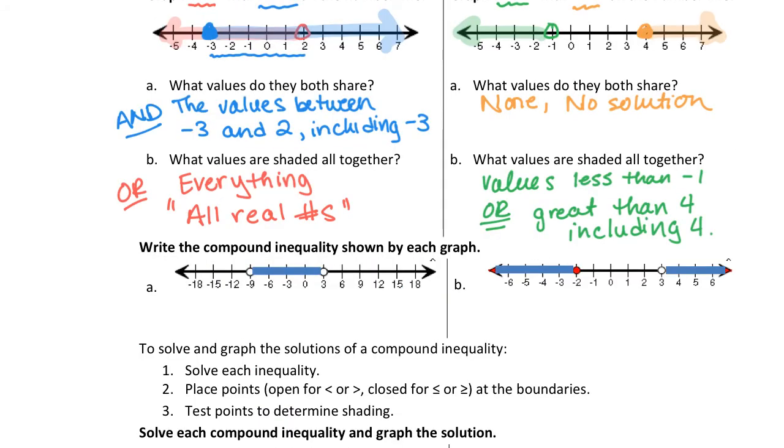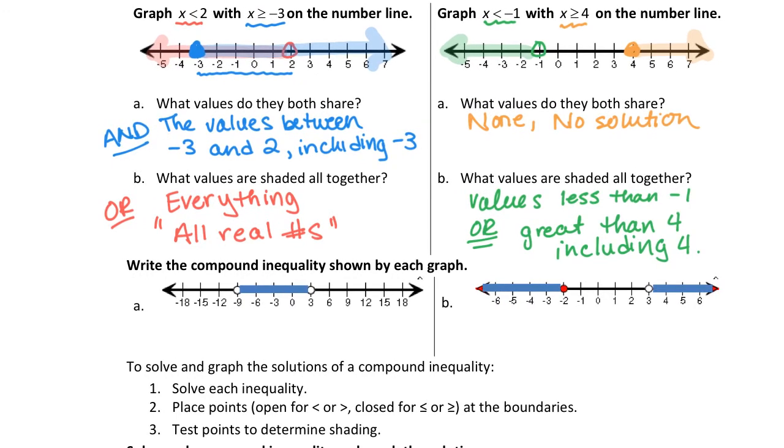The whole point of going through this exercise was for you to understand when something is an AND compound inequality and when it's an OR compound inequality. The first one was an example of an AND and the second one was an example of an OR. An easy way to remember an OR is that it's shaded outside the two points. The AND is between this and that. That's one way to remember it.